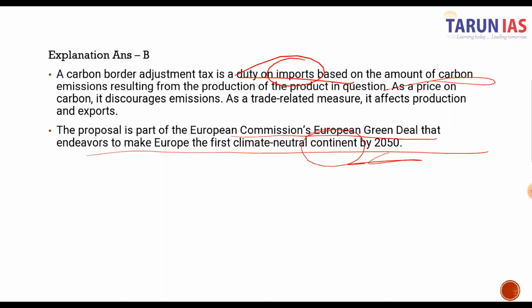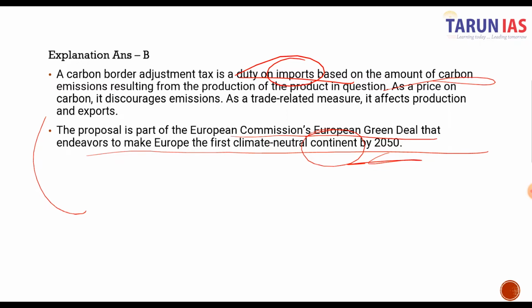As a price on carbon, it discourages emission as a trade related measure. It affects the production and exports, and definitely the developing countries have raised their concerns because this is not in accordance with the common but differentiated responsibilities.